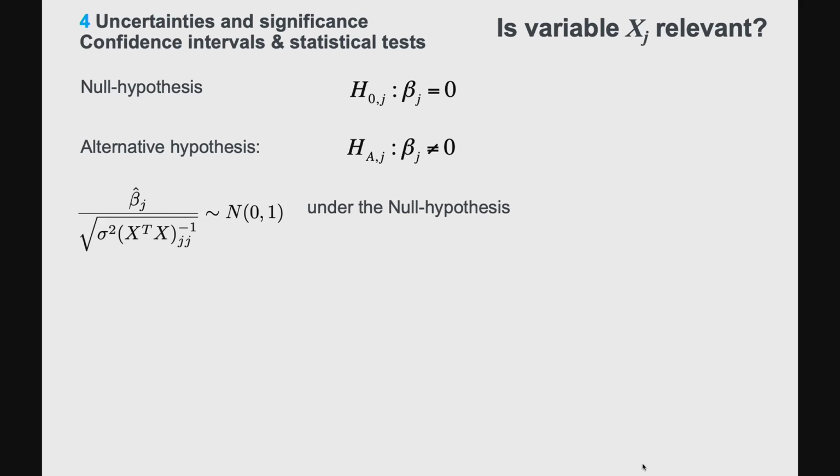Now, when we have these hypotheses, we can look at the predicted beta j, and this beta j under the null hypothesis will be sampled from a normal distribution, because even if there is no connection between shoe size and hair color, there will be statistical fluctuations.